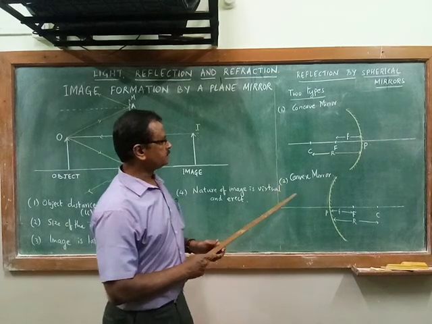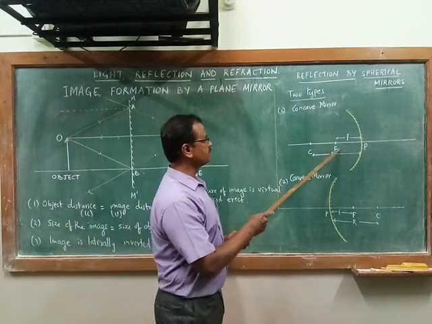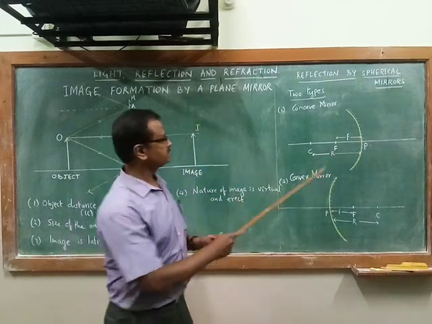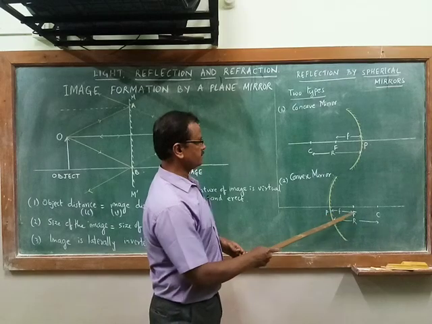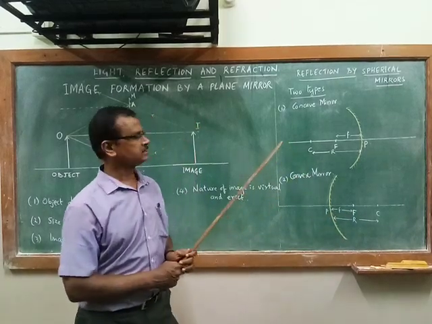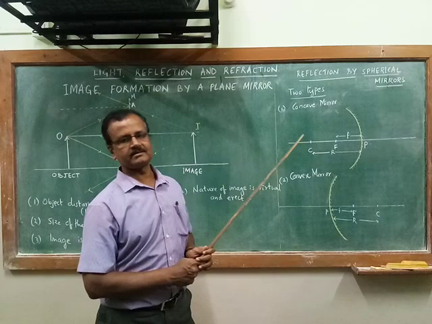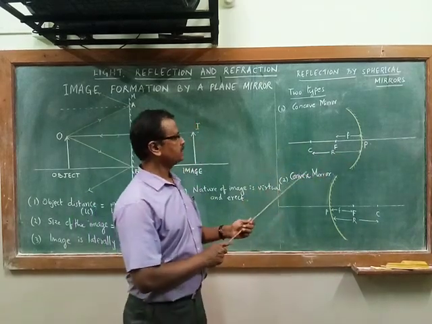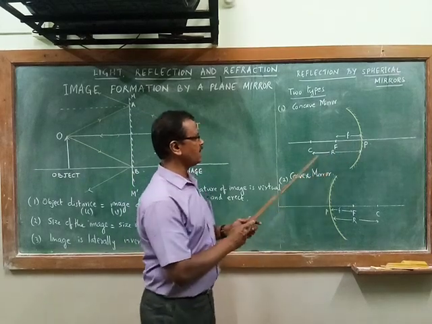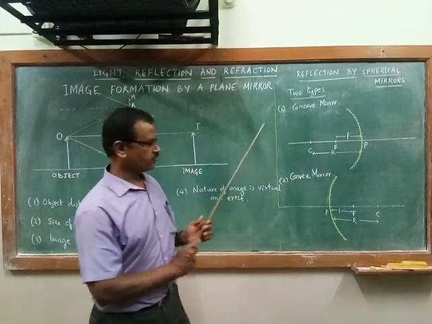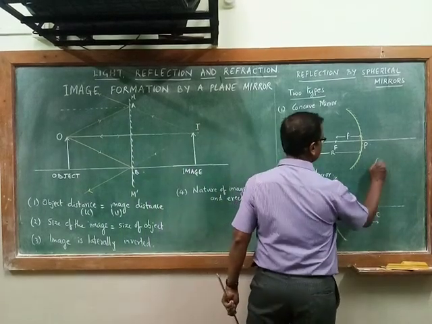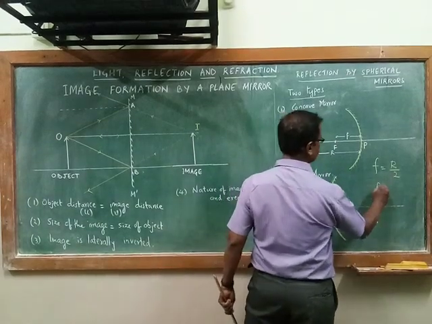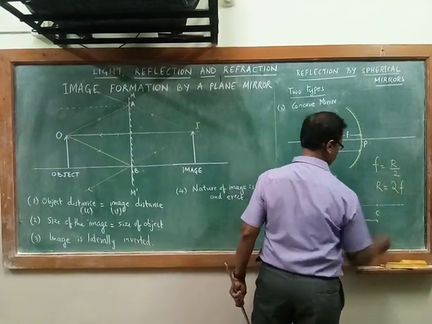Then the length of the principal focus from the pole, this distance FP, is called the focal length. You are going to see that this focal length is exactly half of the radius of curvature, or the radius of curvature is equal to 2 times the focal length.